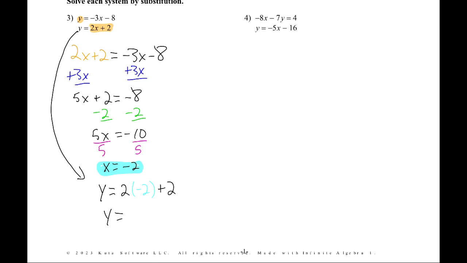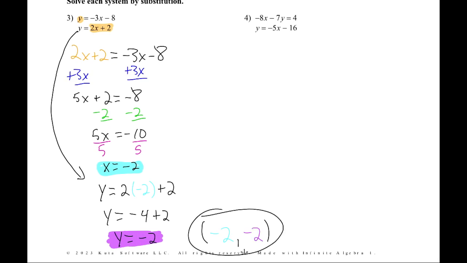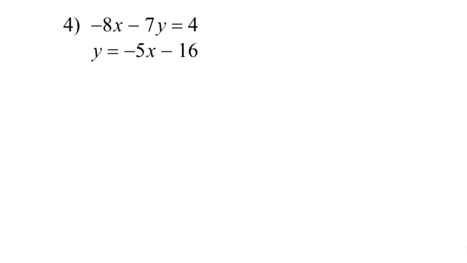That's y is equal to negative 4 plus 2, and y equals negative 2. So my solution is negative 2, negative 2. What a coincidence, the x and the y are the same. It does not have to happen that way, of course.